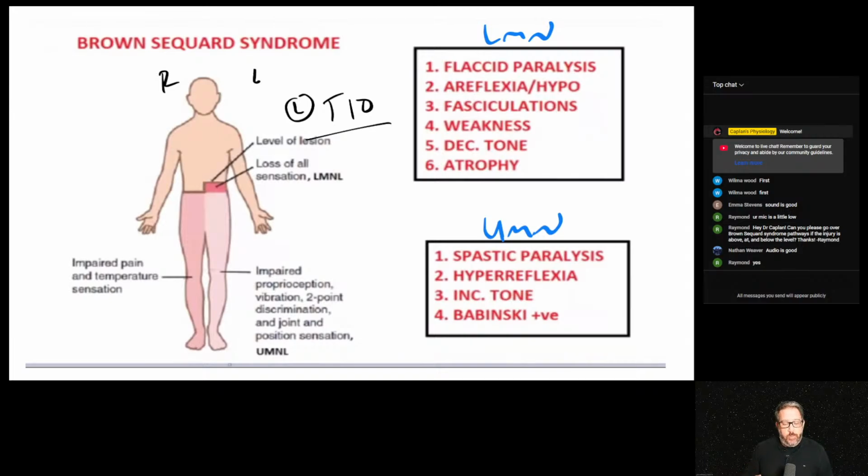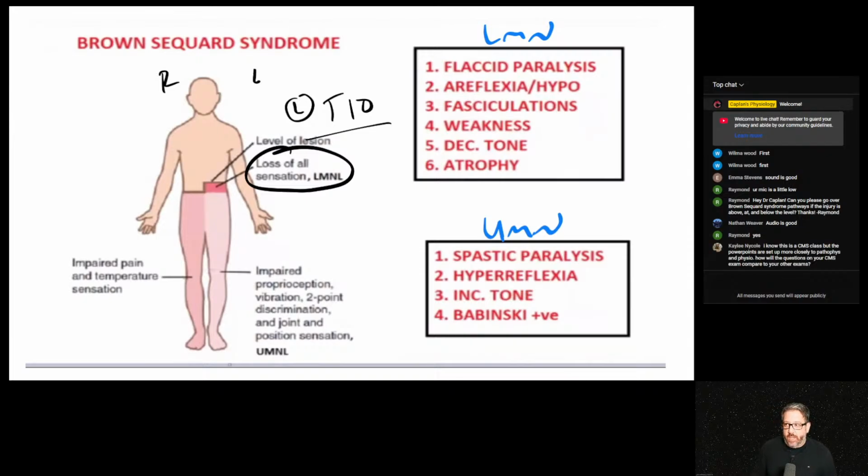Along the dermatome of T10, and no matter where it goes, they are going to have loss of all sensations at the level of T10 and anything in that dermatome. Again, this could be T10, it could be L5, it doesn't matter. Whatever level you're talking about, they're always going to present the same way. At the level of the injury, on the side of the injury, they're going to lose all sensations.